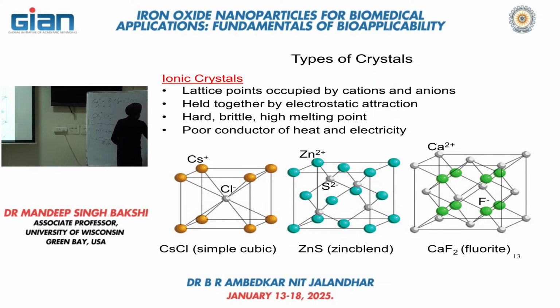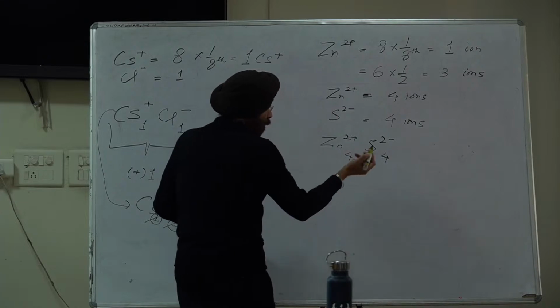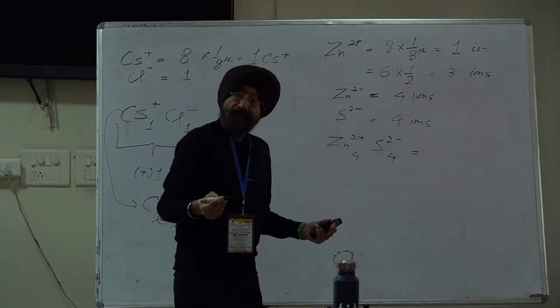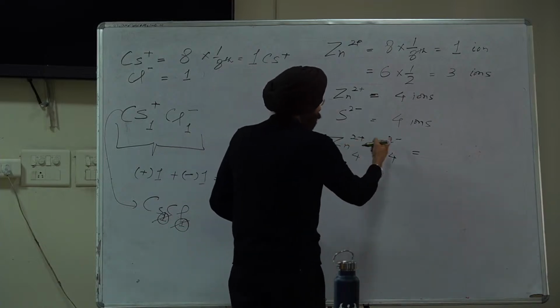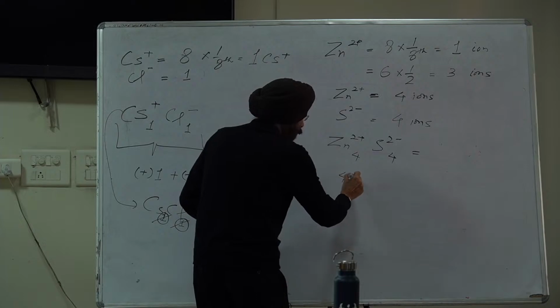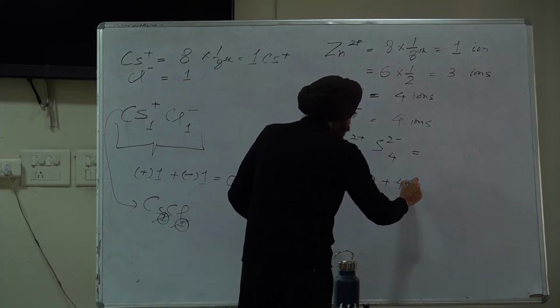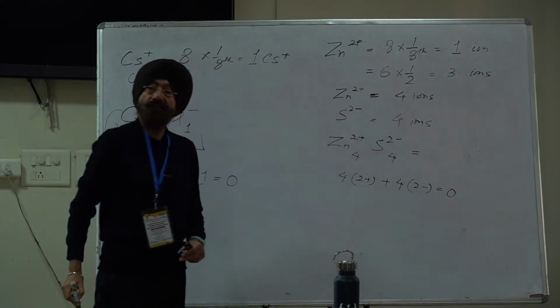Now you can place this zinc 4 subscript representing the four ions. Likewise sulfide 4 ions, and I have to depict it as a completely neutralized form. So it is 4 multiplied by plus 2 plus 4 multiplied by 2 minus, exactly 0.